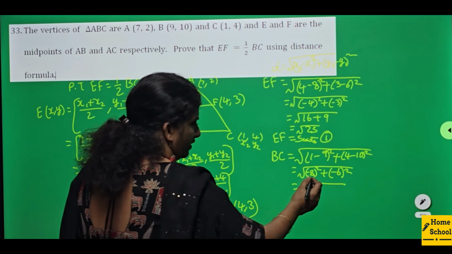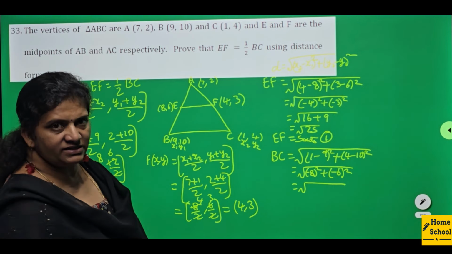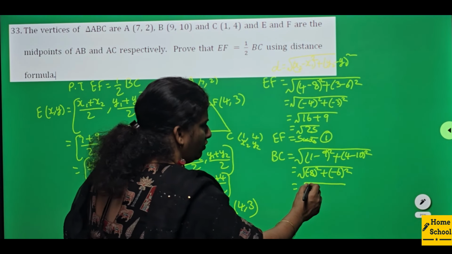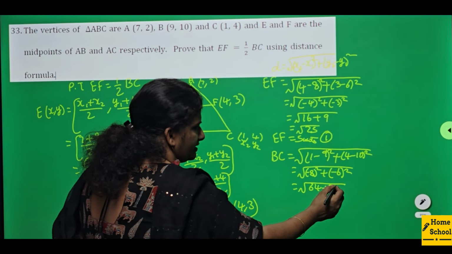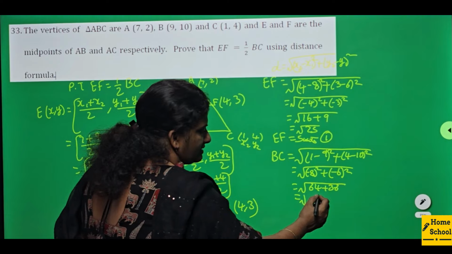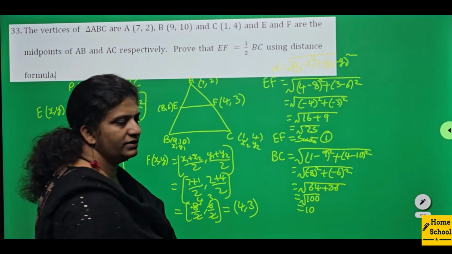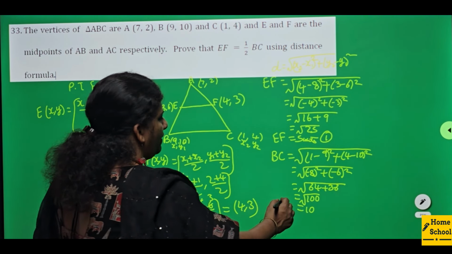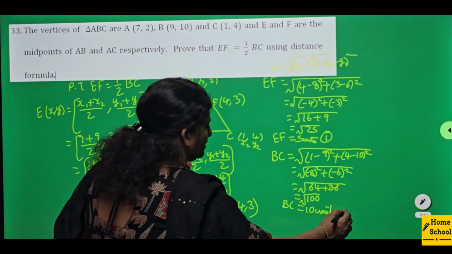Square root of minus 8 into minus 8, minus into minus is plus, 8 8s are 64. Minus into minus plus, 6 6s are 36. 64 plus 36 will be 100. 100 square root is 10. BC is equal to 10 units we got, and this is the second.